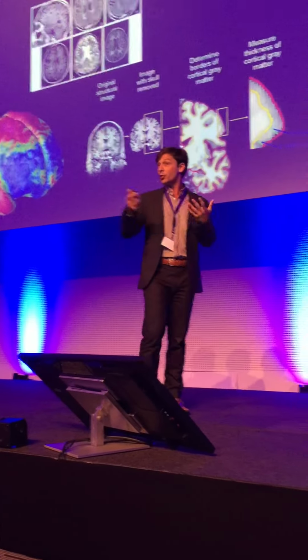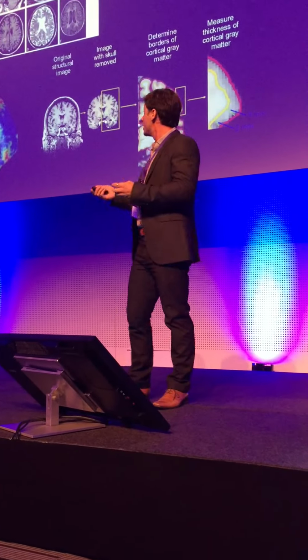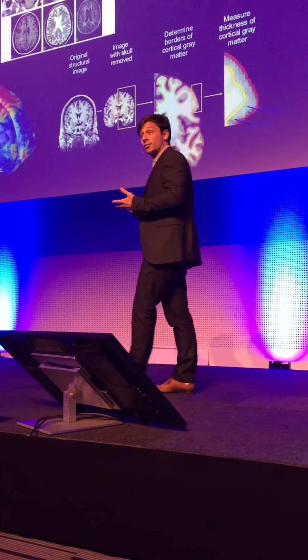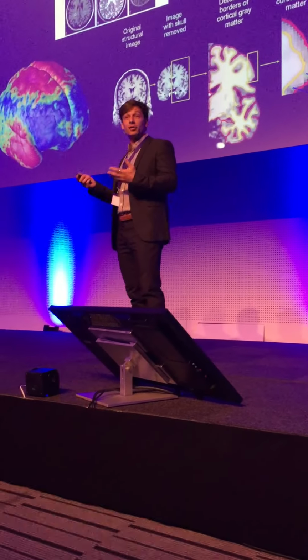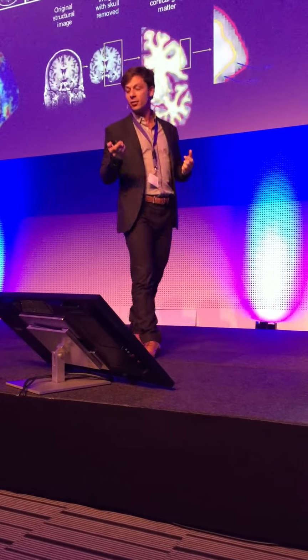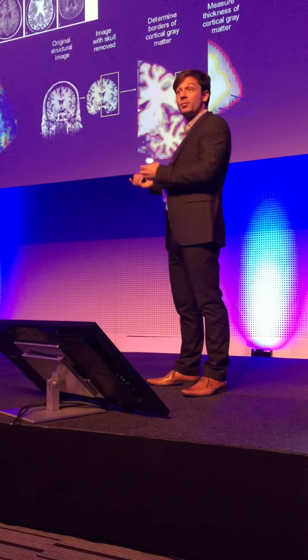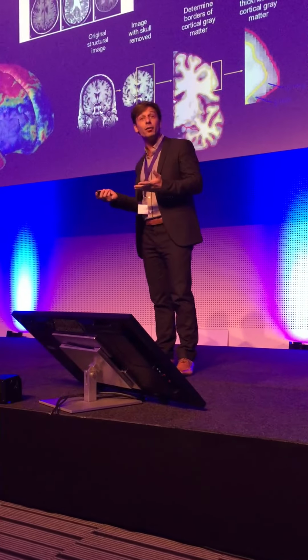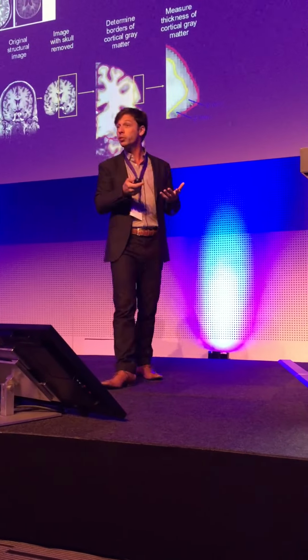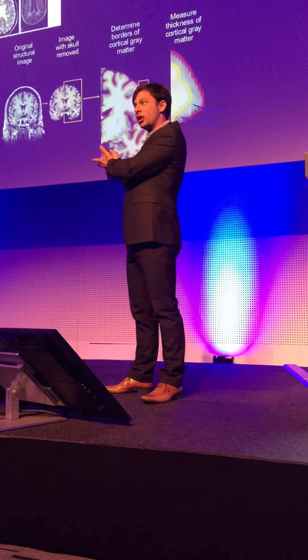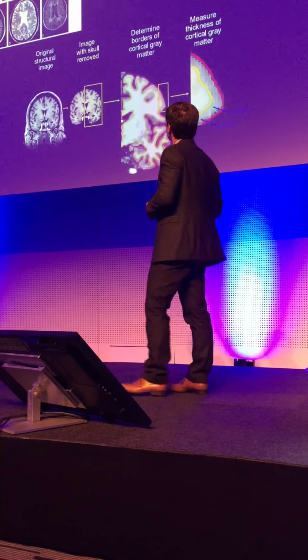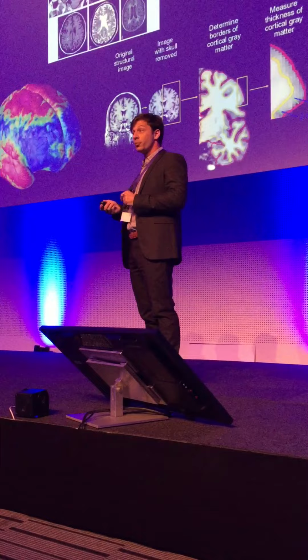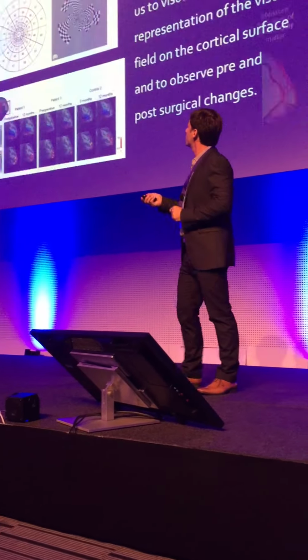And we know that in someone who's born blind, for example, there's degeneration of the thickness and the volume of these visual areas in the brain. So this is something that we expect to see. And we know that in other studies where there was removal of cataracts in people who were born blind, we also can observe changes in volume and in thickness of the brain in the white and gray matter.